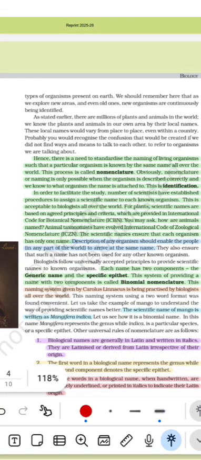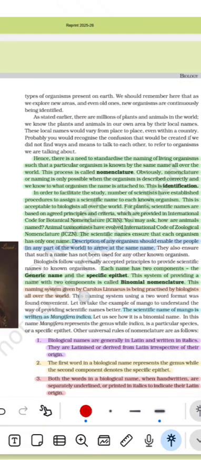Biologists follow the universally accepted principle of providing scientific names to known species. Each name has two components: the generic name and the specific epithet. The system of providing a name with two components is called binomial nomenclature.